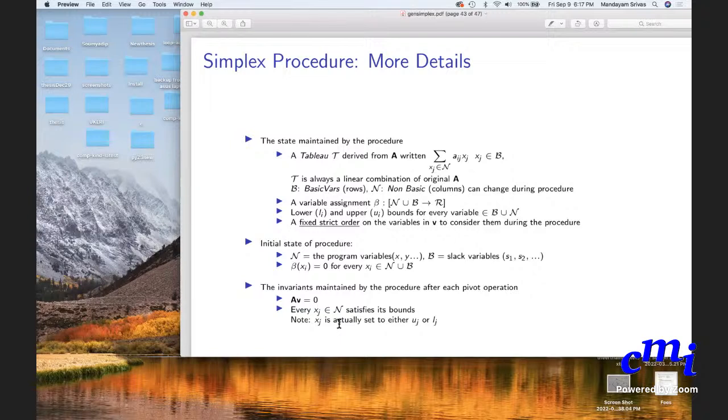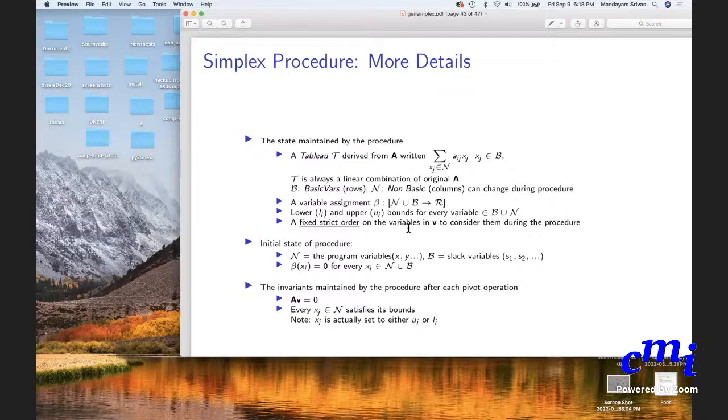Now, the termination argument relies on the fact that, because there are only finitely many equations and inequalities, and only a finite fixed set of L and U bounds, the set of states or configurations that the procedure will have to explore is always finite.